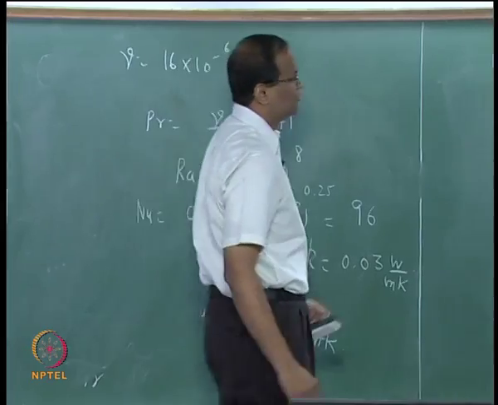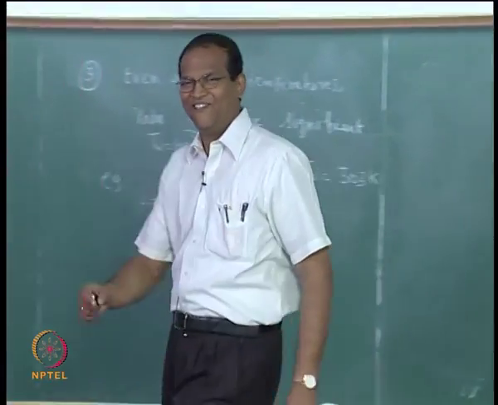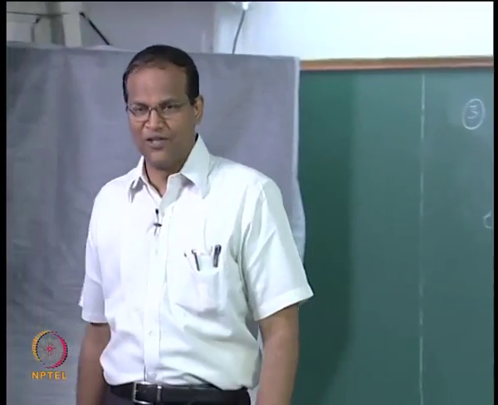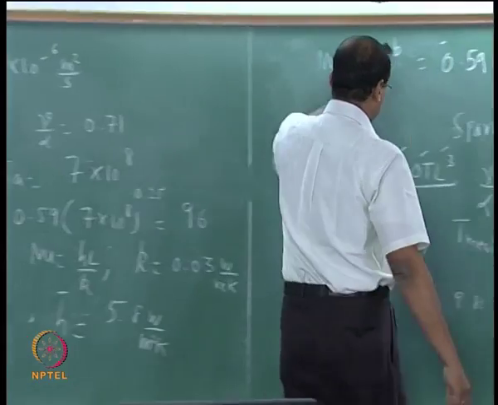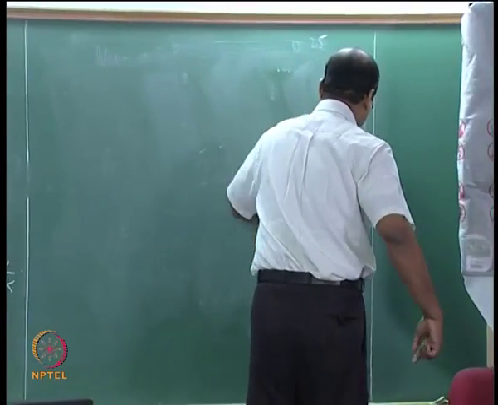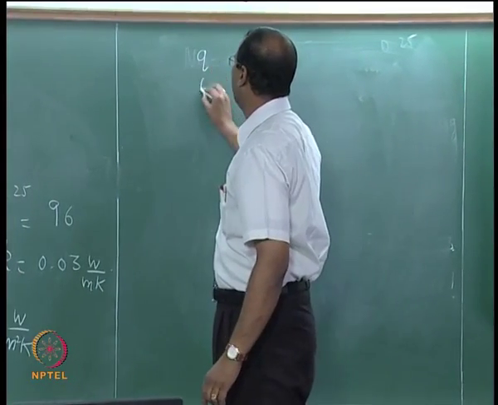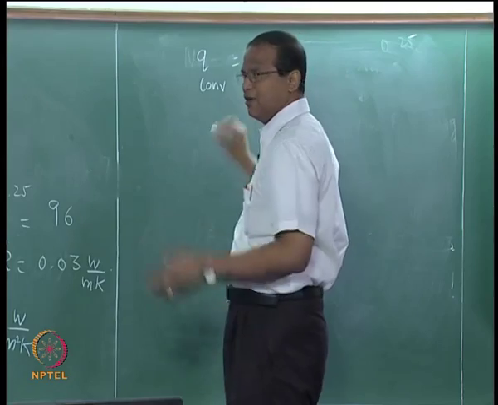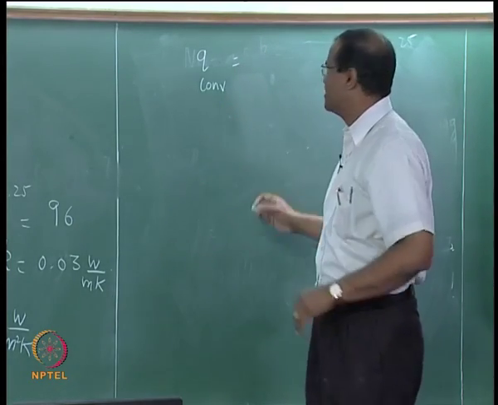Okay, so now I taught you free convection in 20 minutes. This is how you approach a free convection problem. Now the heat flux by convection, let us worry only about one side, because both radiation and convection are taking place from both sides. Let us consider one side.